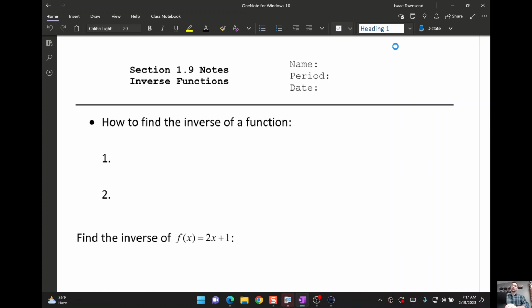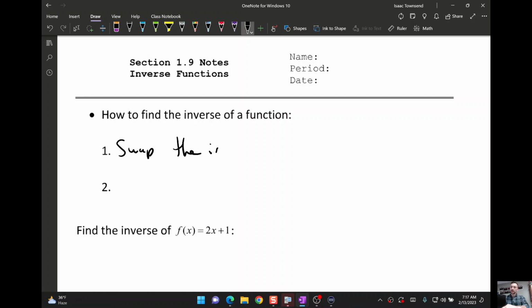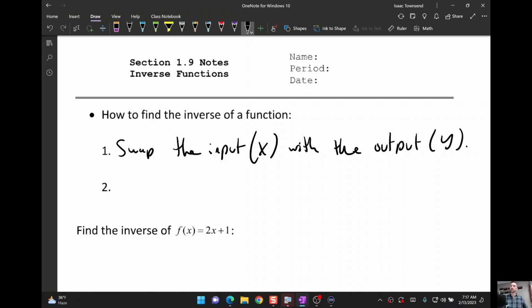Okay, so if you're given a function and asked to find the inverse of it, it's a two-step process. You need to switch or swap the input, which is usually x, with the output, which is usually y. Now, we even did a little bit of inverse stuff last semester with trigonometry.